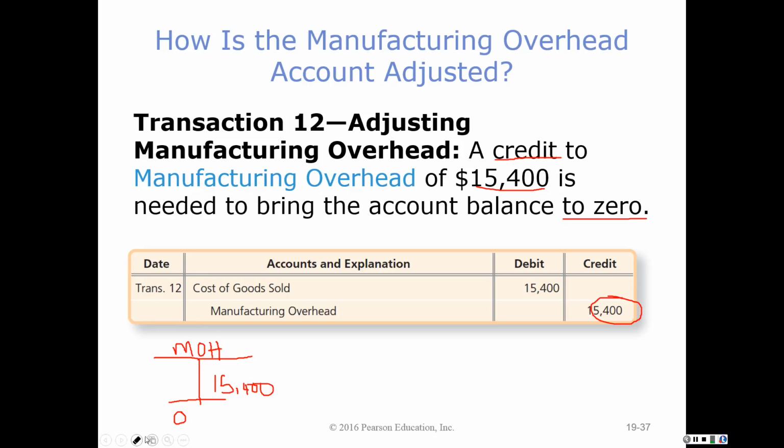If we remember, where were we sending this? We were sending manufacturing overhead into work in process, and we were sending work in process into finished goods. And once finished goods were sold, I sent them into cost of goods sold.